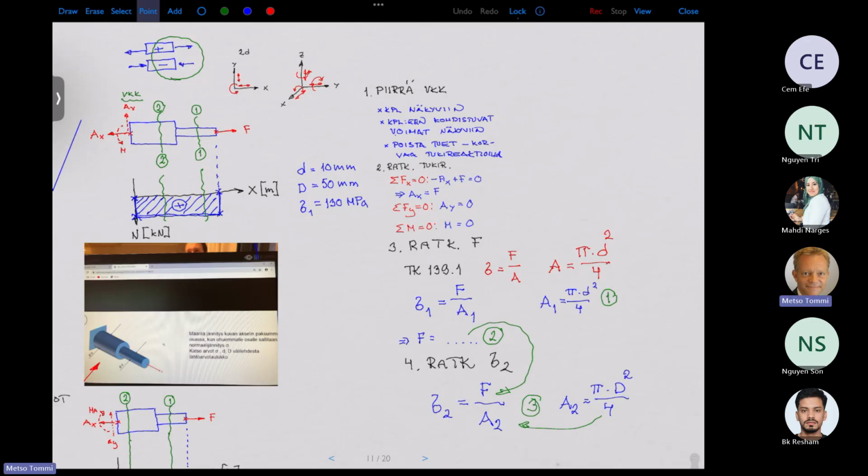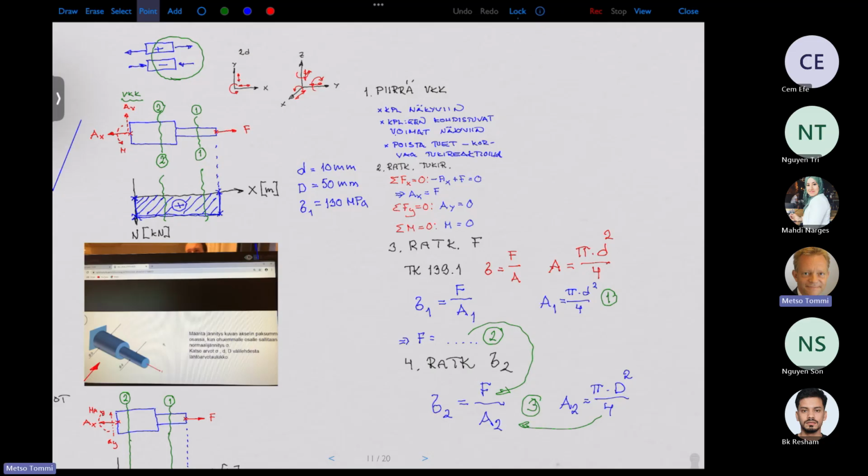The yield strength is 355, so the S355 material. So if this tension here is smaller than 355, it's okay. Okay, that was the first one.